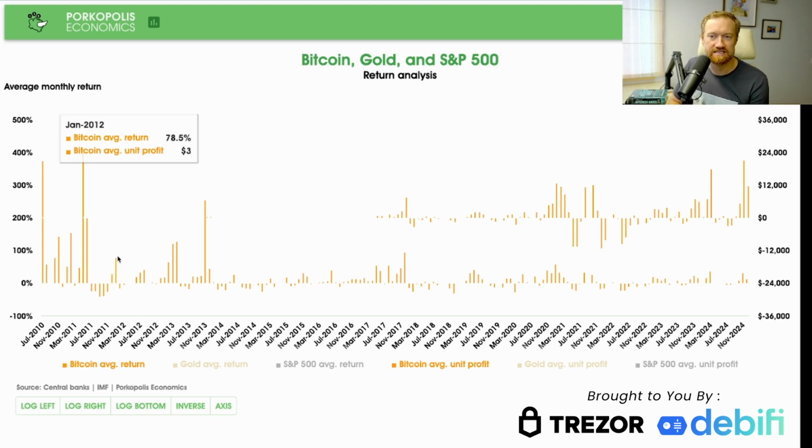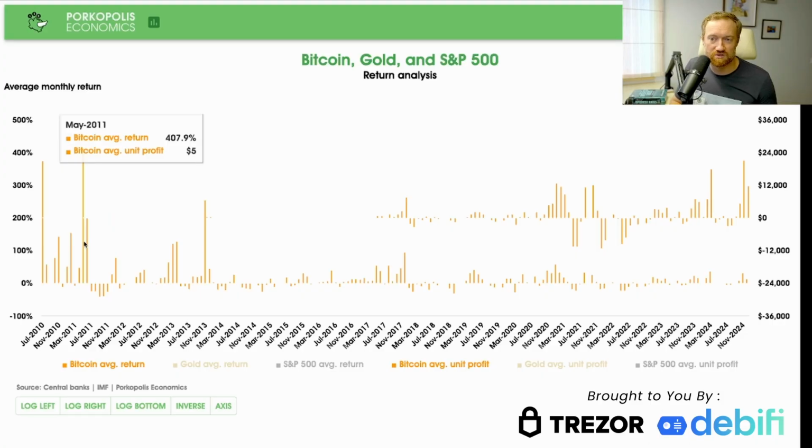If you were buying just one Bitcoin in 2011 and you held it from, let's say, April to May 2011, 407% average. This means average return. So you take all the prices in April, all right?